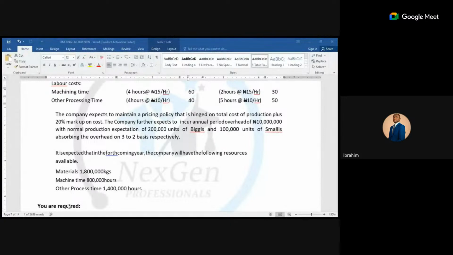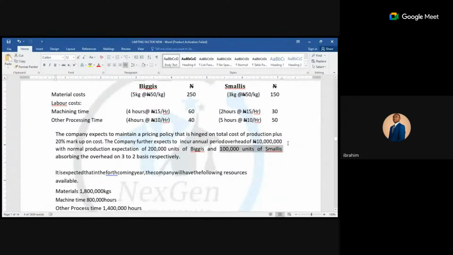We'll get there. Now, the company further expects to incur annual period overhead of 10 million with normal production expectation. This is their expectation, that is their budgeted. They are expecting this for smallies, absorbing the overhead on the basis of 3 to 2, respectively.